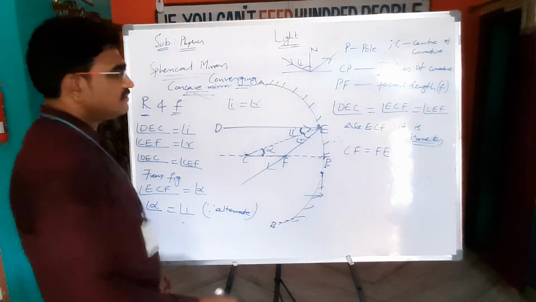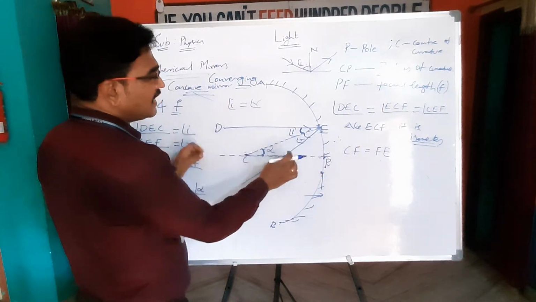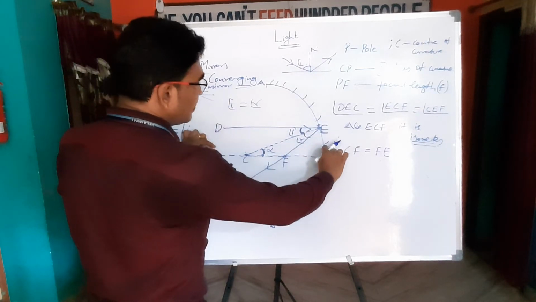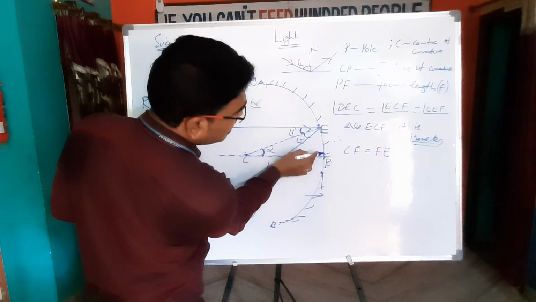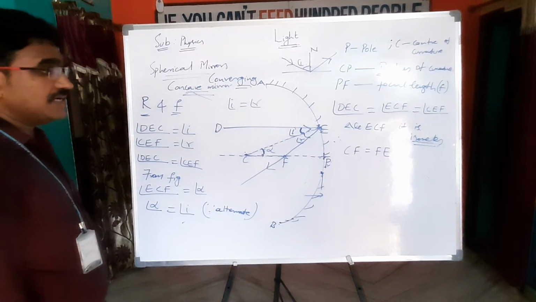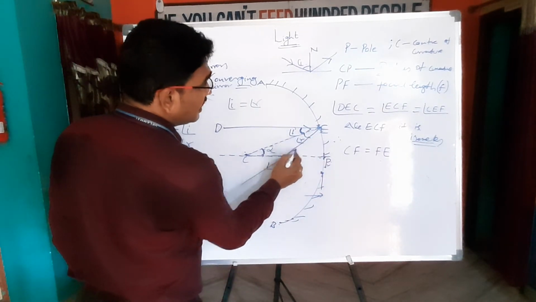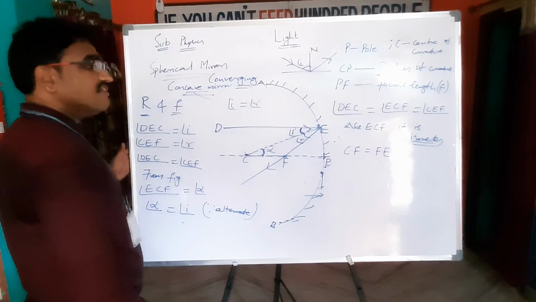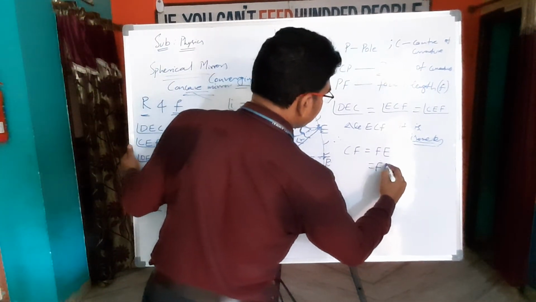So assume that the aperture is very small and D is very close to the principal axis. When D is here, then E will be here. When E is here, it is going to be a straight line. Then E is very close to P. So instead of FE, I can write FP.